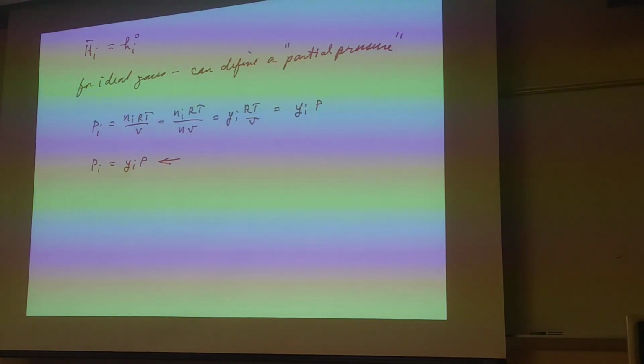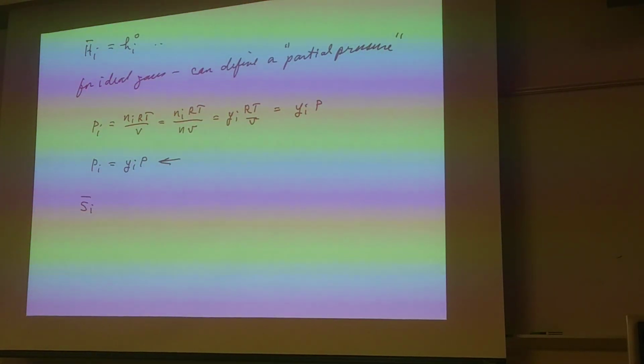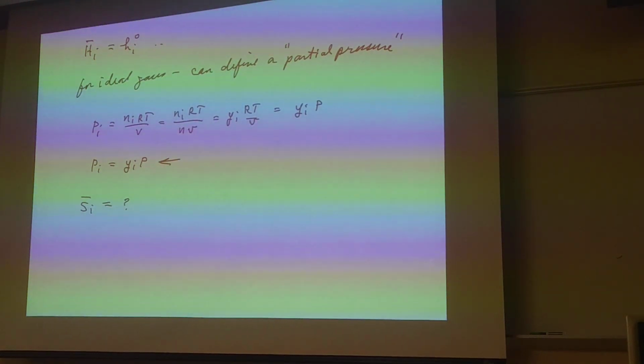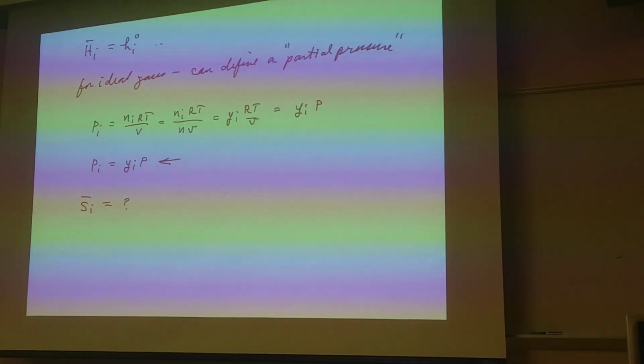Okay, we started the list here with enthalpy. Usually the next thing that we will consider is entropy. Here you might imagine that we run into something a little more complicated, because for pure gases entropy depends on more than temperature; it depends on temperature and pressure.